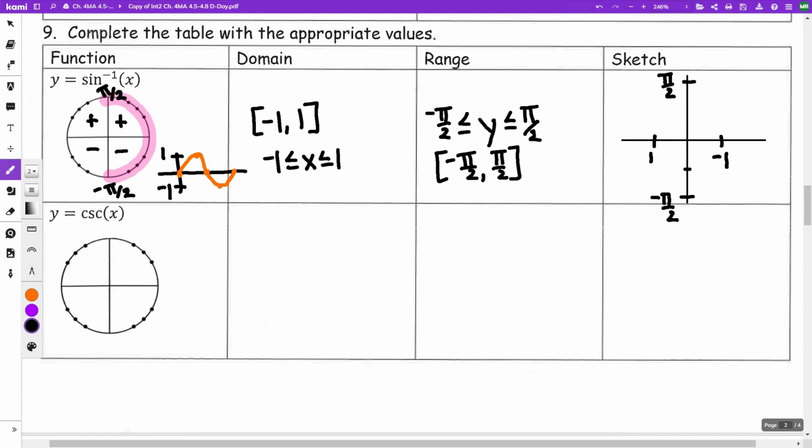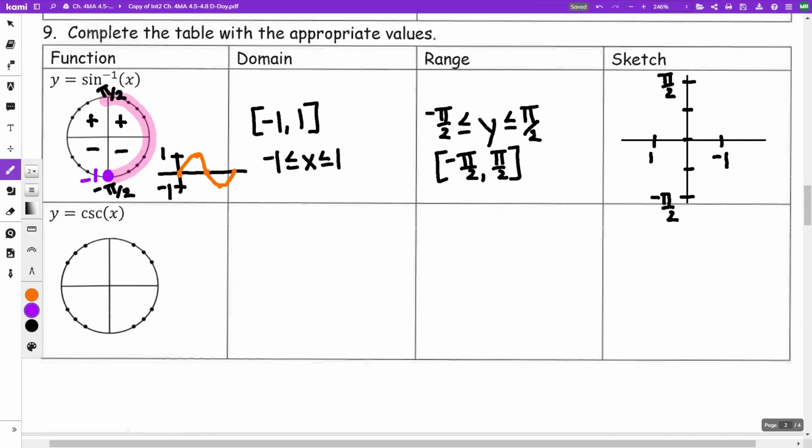So I've got 1, 2, 3, 4, 5, kind of how we're going. What we want to pay attention to is where my sine is a -1 down here.